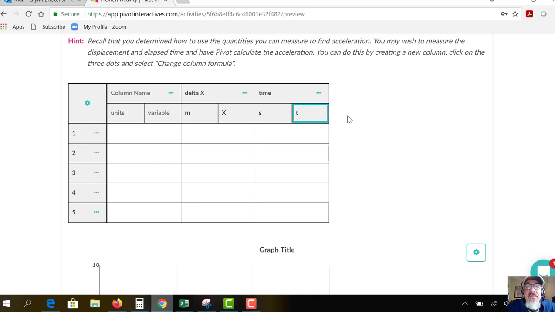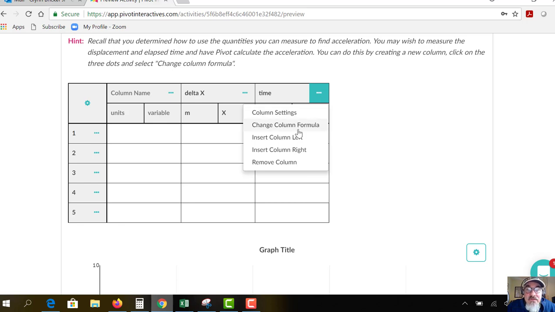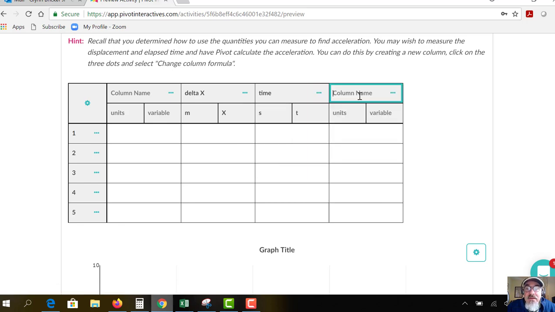So from that you can calculate the acceleration. Let me add another column to the right, and I can call this one acceleration. Units, I'm going to do meters per second squared, variable a. And then from delta x and t, you can calculate the acceleration.